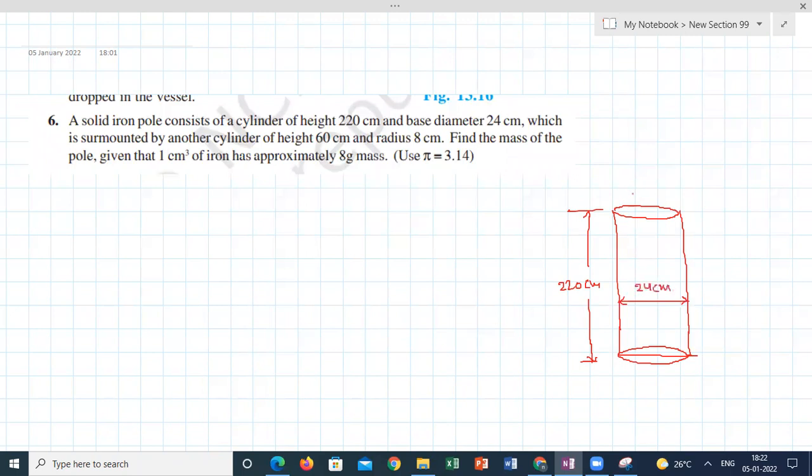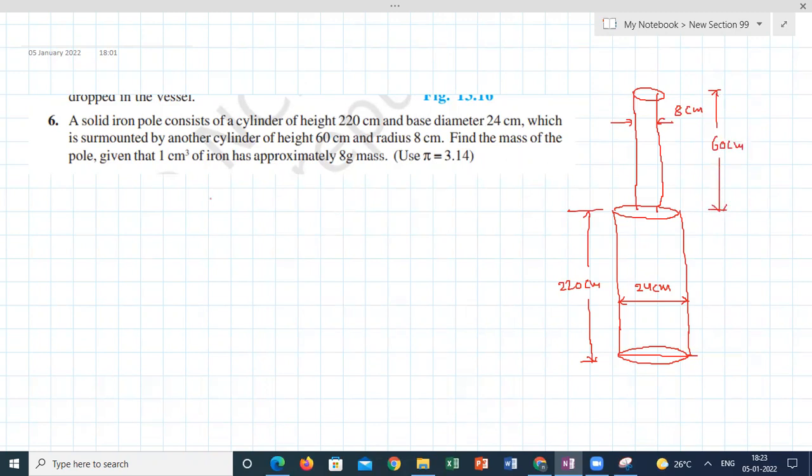And on the top of this, another cylinder. It looks like this. The diameter of this cylinder is 8 centimeter, and the height of the cylinder is 60 centimeter. He is asking what is its mass.